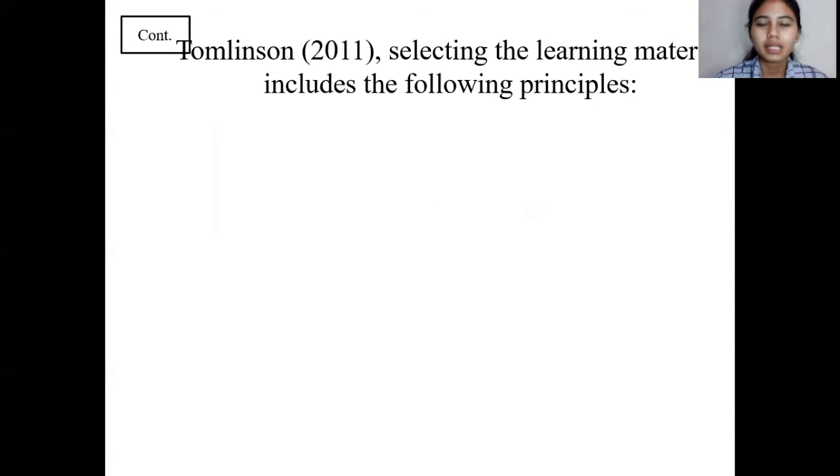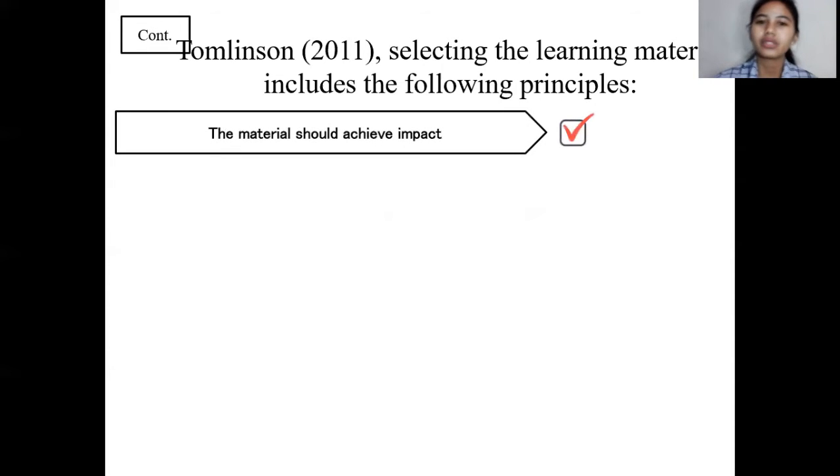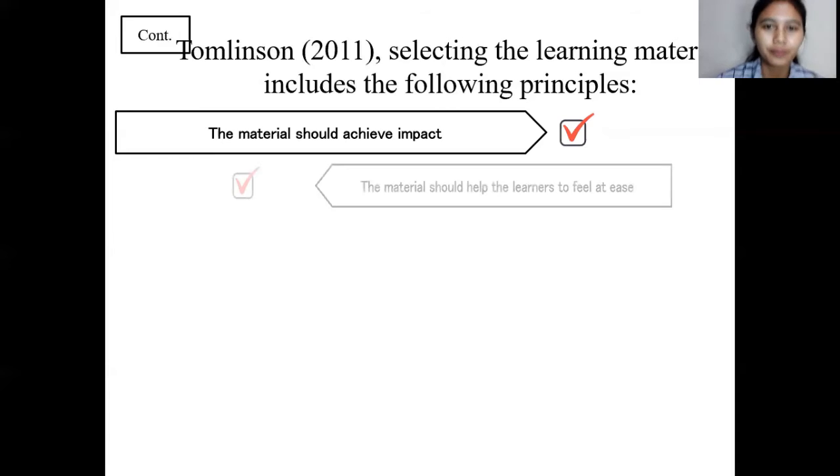According to Tomlinson in 2011, selecting the learning material includes some principles. The first one is the material should achieve impact. So the students should be interested in the material, it can get the attention of the learners, and it should catch the students' motivation, so the students want to learn the material by themselves.